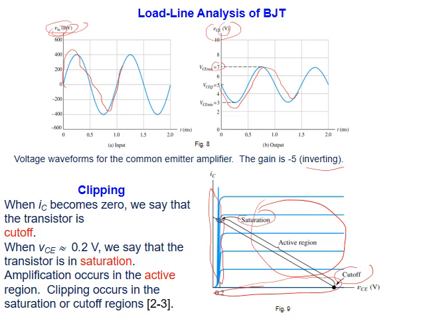In active region, the transistor works as an amplifier. It's like a variable resistance in amplifying the signal. But in cutoff and saturation region, it works as a switch on and off. This is used for many applications and will be discussed in level 3 in power electronics. But in this semester, we will focus only on the active region, how we amplify signals.